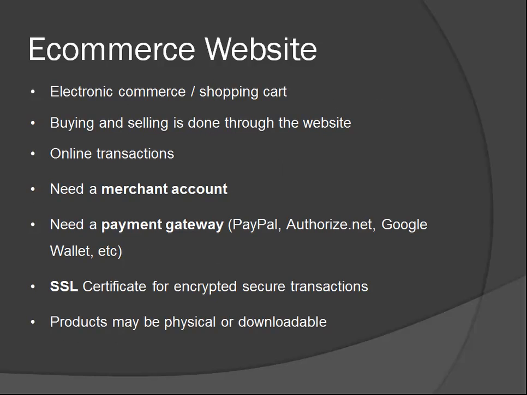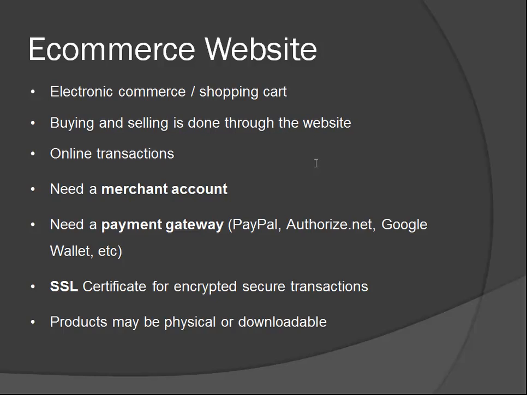E-commerce websites. E-commerce stands for electronic commerce, basically a shopping cart. eBay is a type of e-commerce website. What else? Amazon. Amazon's obviously the largest e-commerce website. All buying and selling is done through the website. That could be a store selling, or it could be users that sign up and sell their stuff, like eBay.